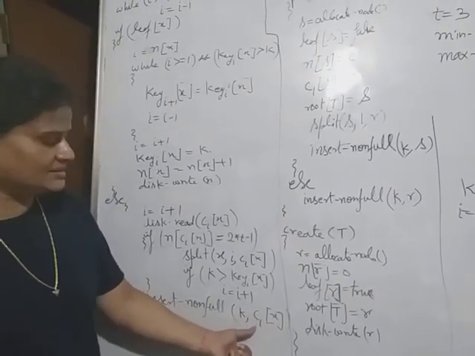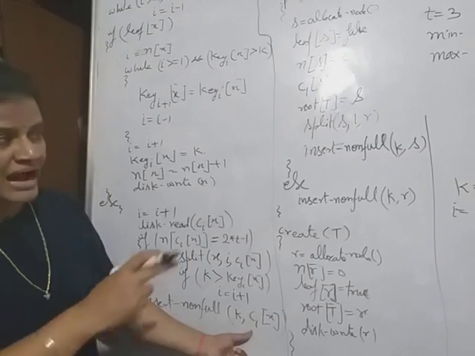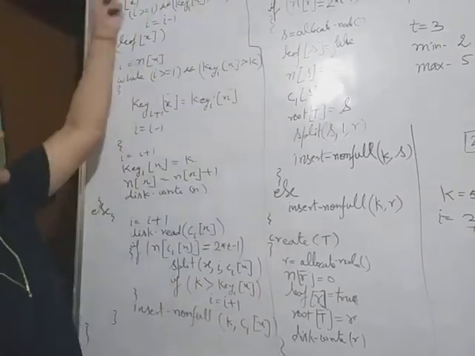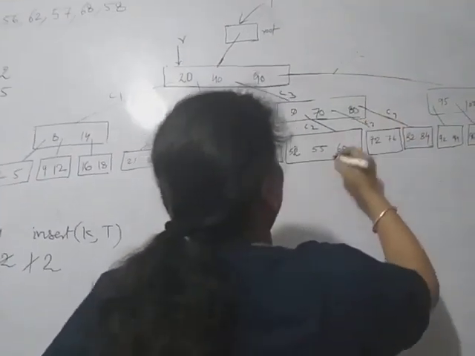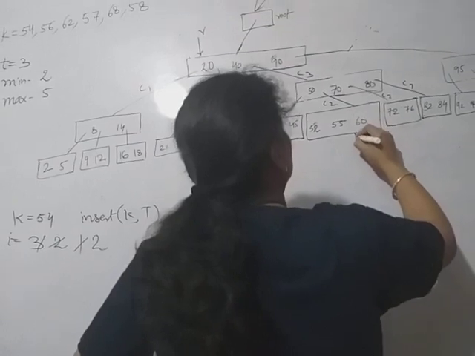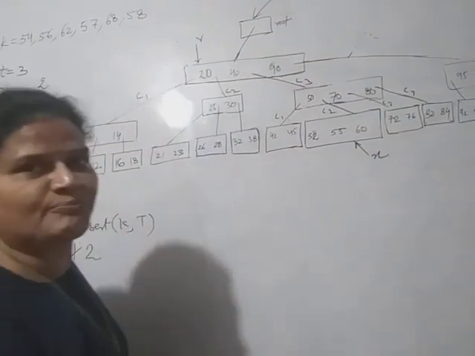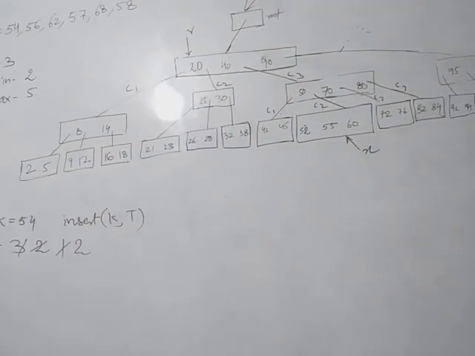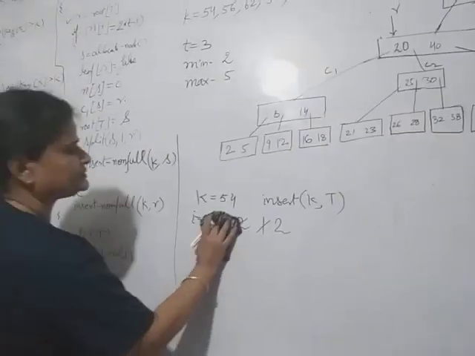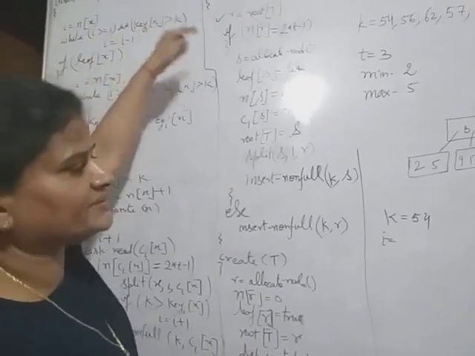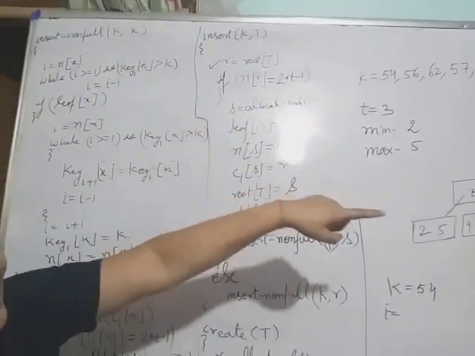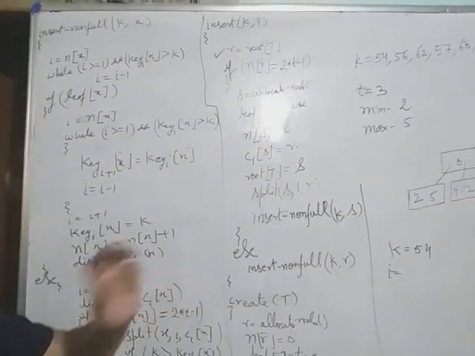Insert non-full with k and C2, where I is 2. Now again the recursion continues, and x is a pointer to this node. Now the insert non-full function is called with 54, and x pointing to the second child of x.